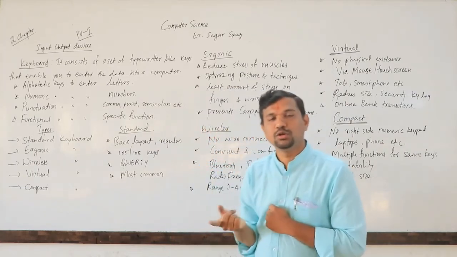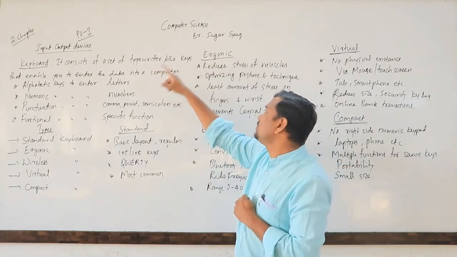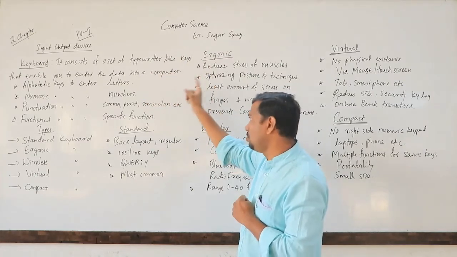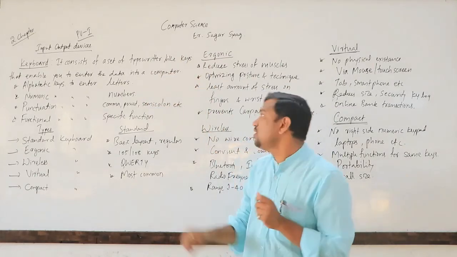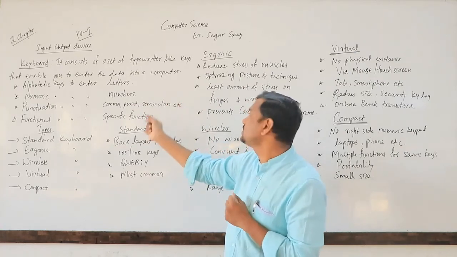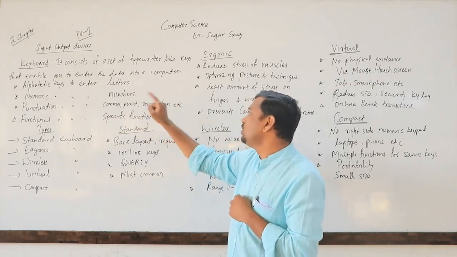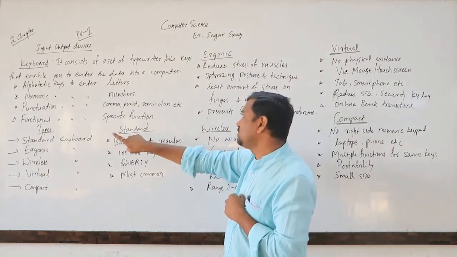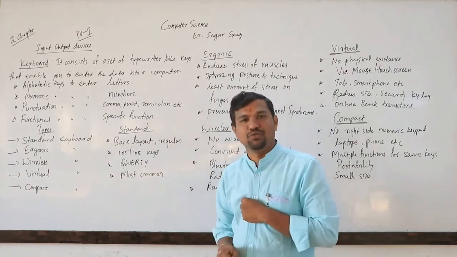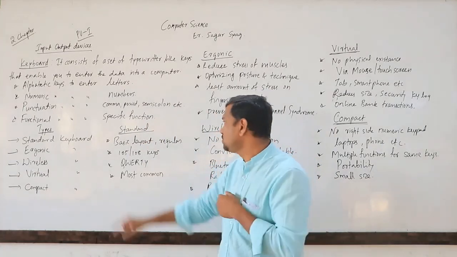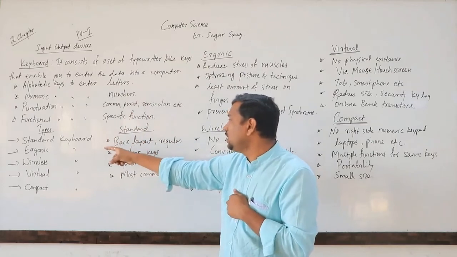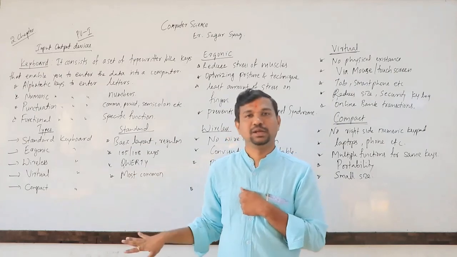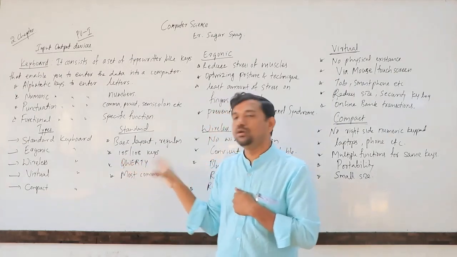It consists of alphabetic keys to enter letters, numeric keys to enter numbers, punctuation keys to enter comma, period, semicolon, etc., and functional keys to enter specific functions. And there are 5 types: standard keyboard, ergonomic keyboard, wireless keyboard, virtual keyboard, compact keyboard. This is all regarding keyboard concepts.